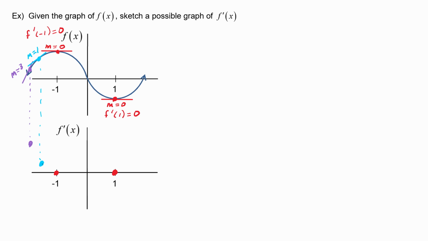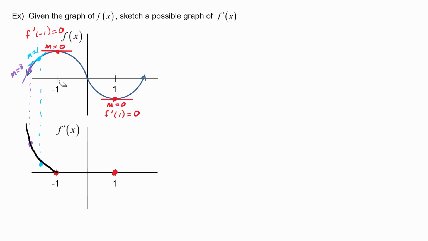And now this makes sense because as we go along, the slope is steeper here, it's less steep here, it's getting smaller and smaller as it comes in to 0.